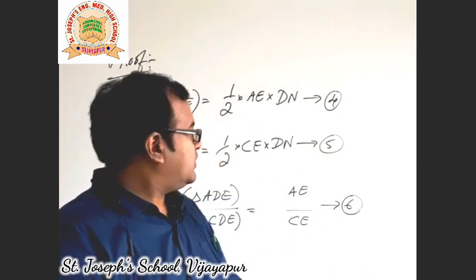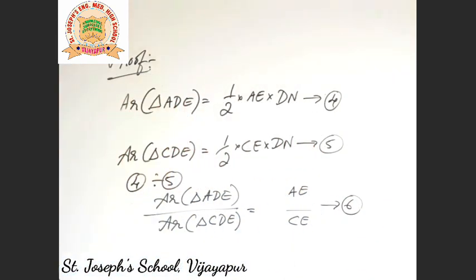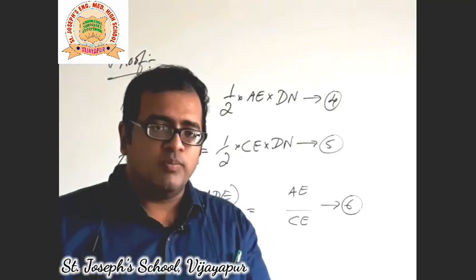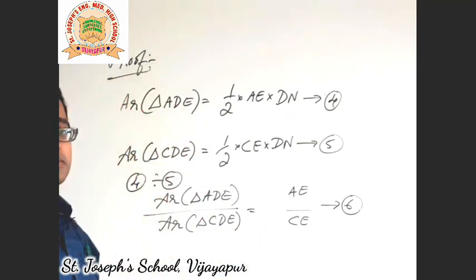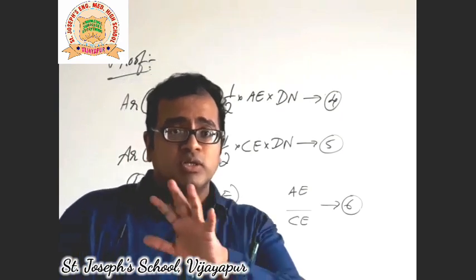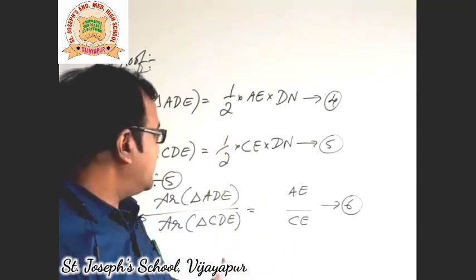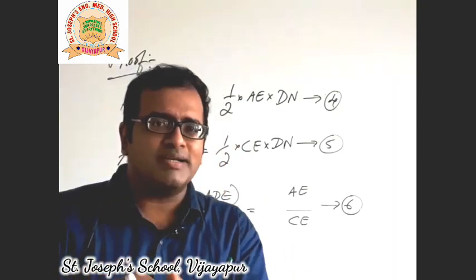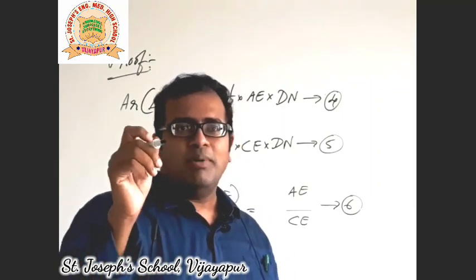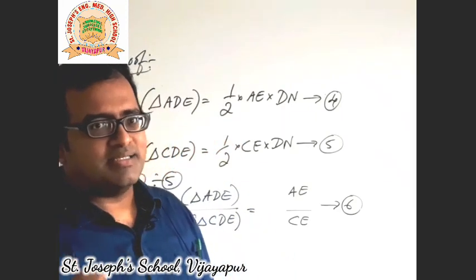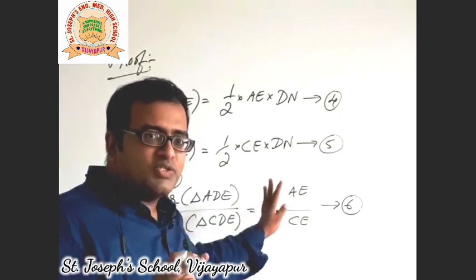Now, let us concentrate on equation 3 and equation 6 once more. I don't have it written here, but it's in your book. So you can just go through equation 3 and compare with equation 6. Almost the right hand side is what we require: AD by BD and AE by CE. We have the right hand sides where we needed.